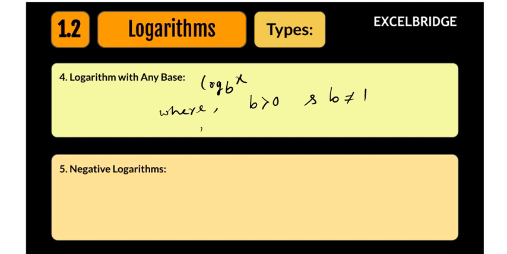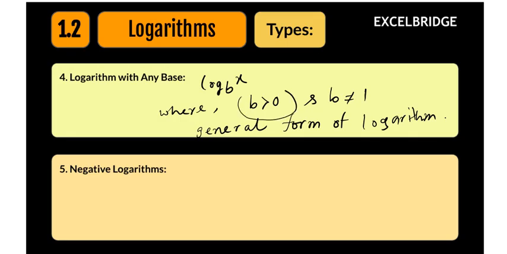This is the general form of a logarithm, where the base is always positive, because it must be positive, and the value cannot be 1. Next, let's say negative logarithm.